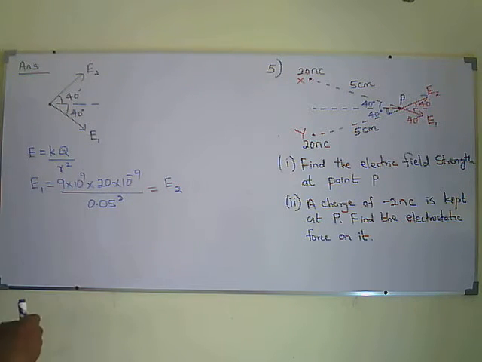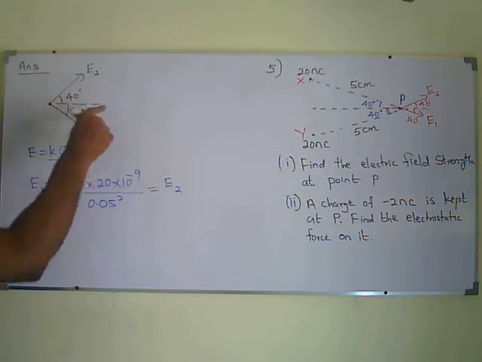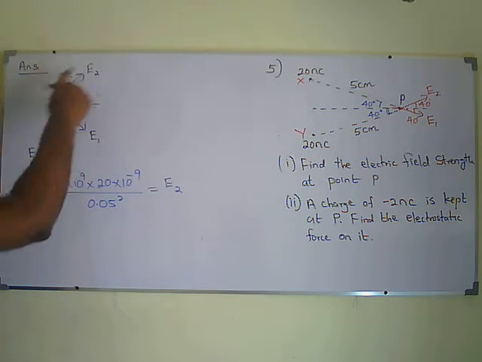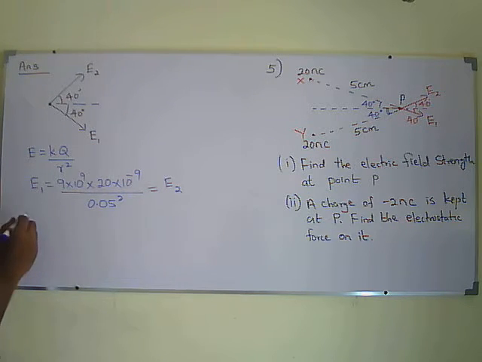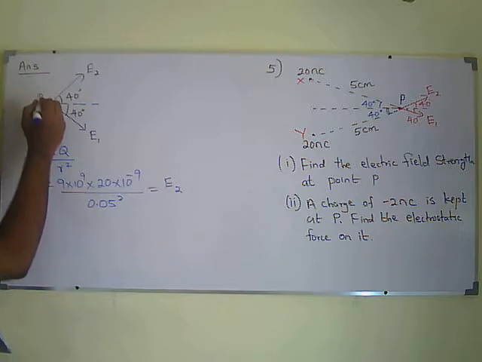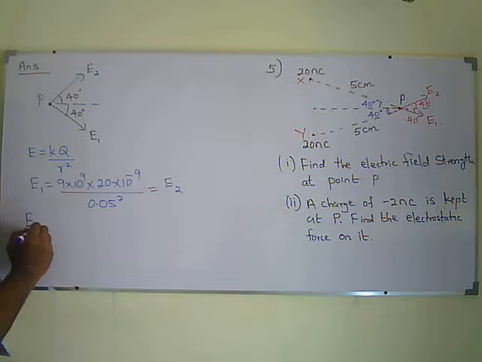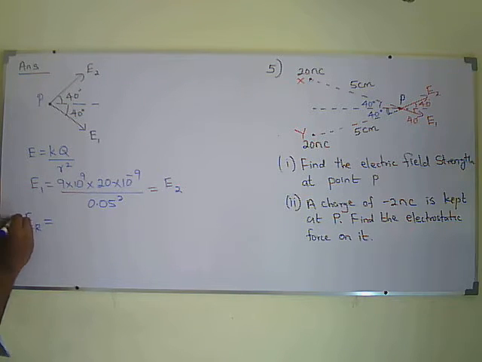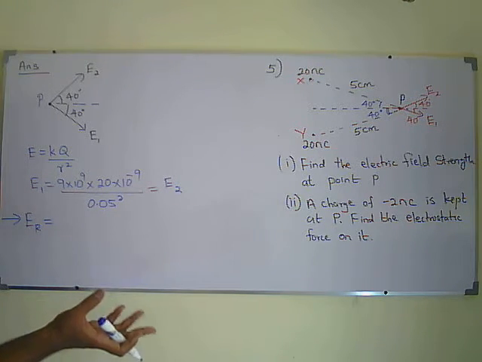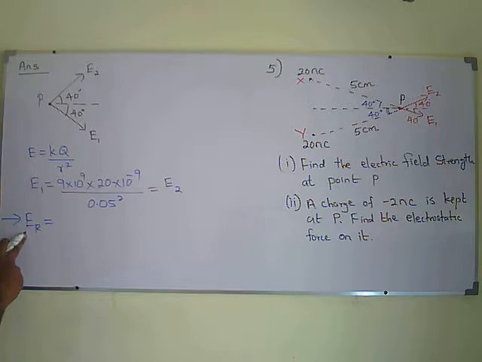Both have the same magnitude, so the vertical components will get cancelled. The horizontal components of these two vectors will be towards right. So the resultant electric field strength at point P, which I can call ER, will be towards right.